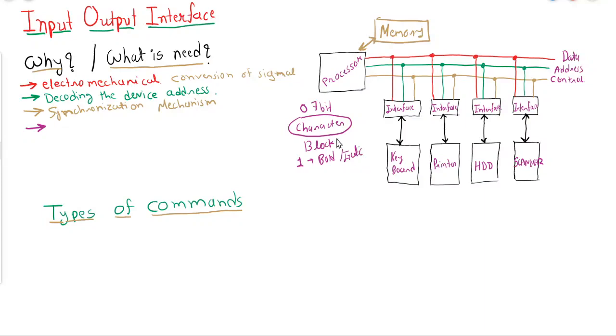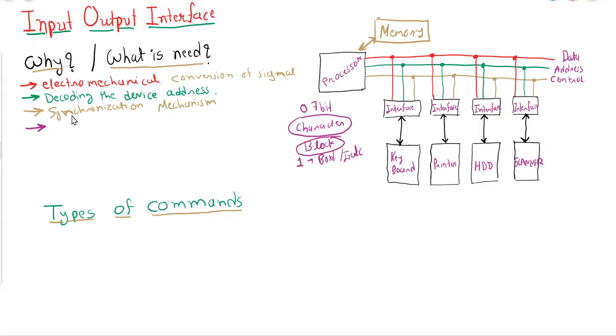So many devices are character oriented, which send and receive data in the form of characters, while many devices are block oriented, meaning they will not work with characters, but will create a block of data, let's say 2 MB, 3 MB or 4 MB, and then that block will be transferred to the processor memory, and from memory it will be processed.